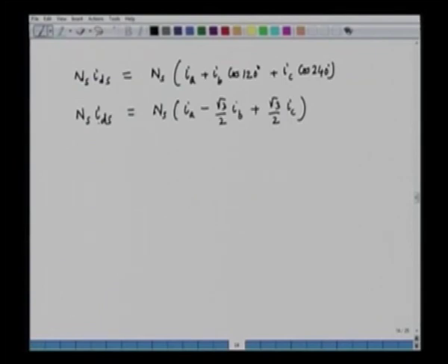If we simplify this, there is one simple thing: this is actually minus half and minus half. So we can simplify this: IDS equal to IA minus half IB minus half IC.